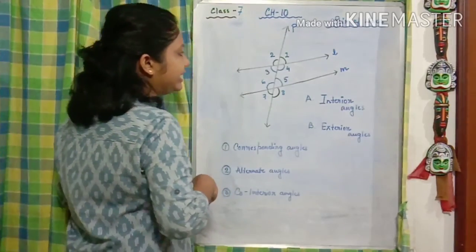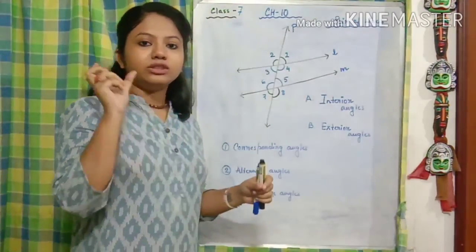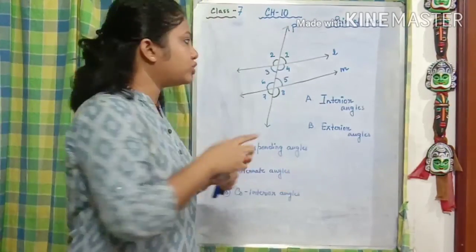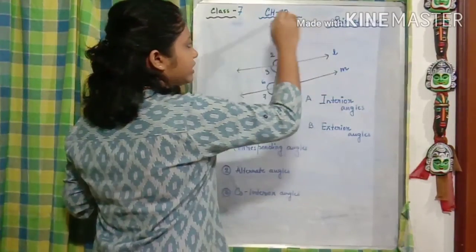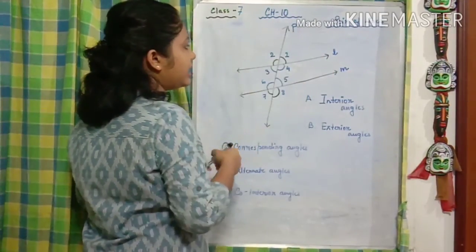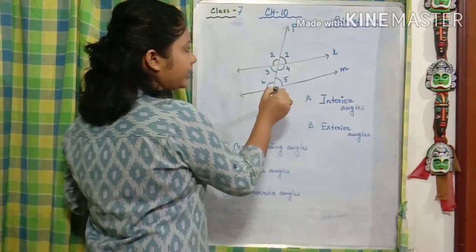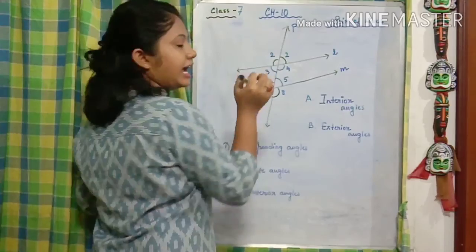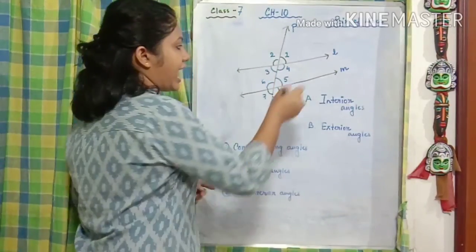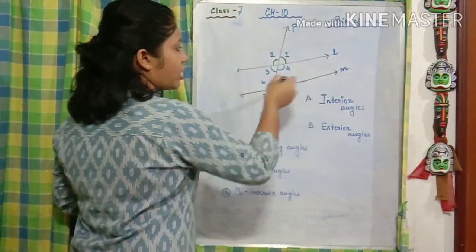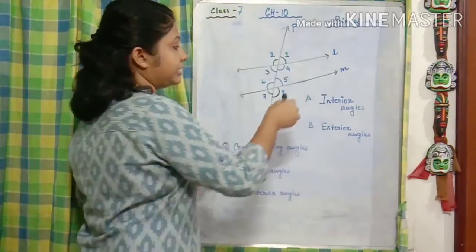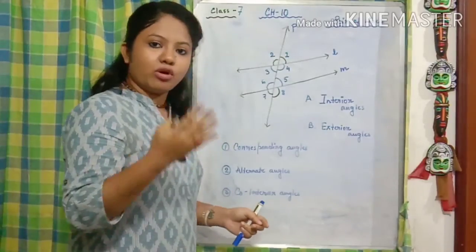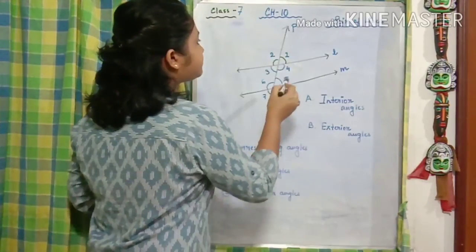So which are the interior angles? First of all, the word interior means inside and exterior means outside. In the figure you can see the angles that are forming. When line P is transversing L, it is making four angles, and when it is intersecting line M, it is forming four more angles.